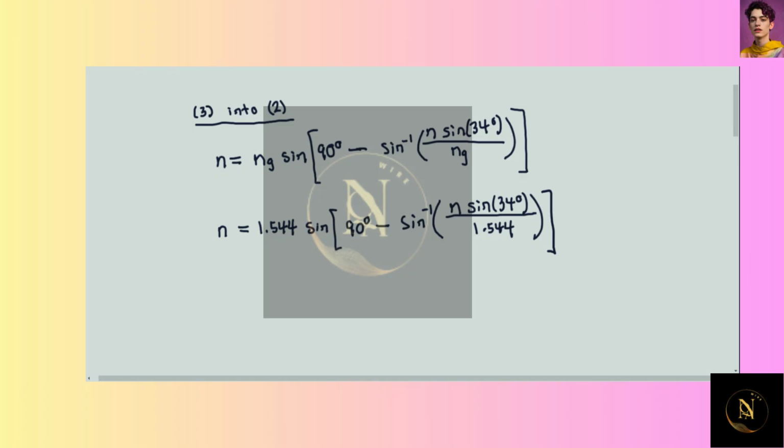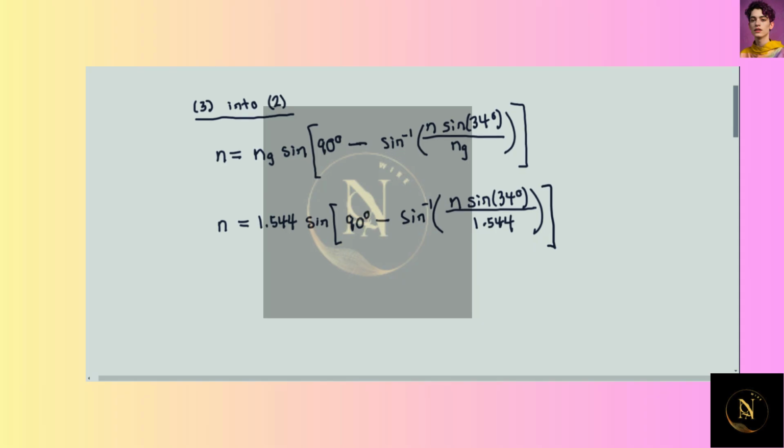Now we're trying to find n here, correct? But this n cannot be isolated by itself. So that means that we would have to use the transcendental equation method. From there, let's substitute n as x.